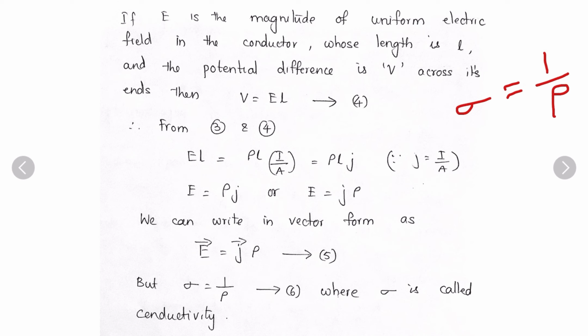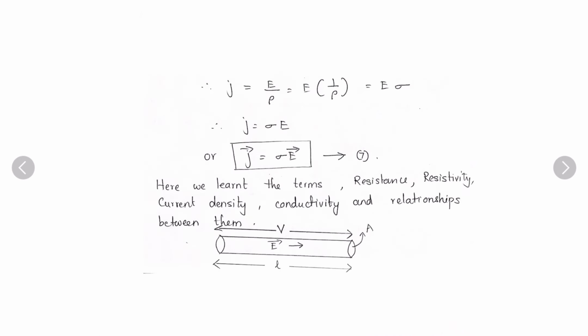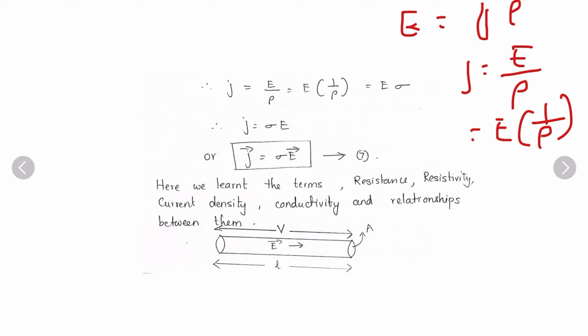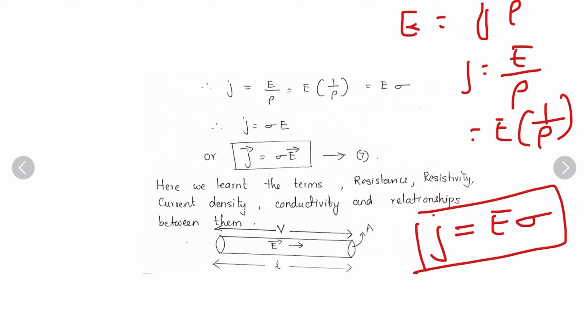Therefore, if you take this relationship again, E is equal to J into rho, and therefore J is equal to E by rho, that is E into 1 by rho. But 1 by rho is equal to sigma. Therefore, J is equal to E into sigma. This is another relationship, where current density is expressed in terms of conductivity and electric field.